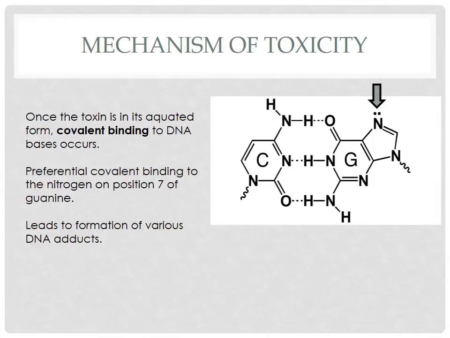In particular, the most common form of binding occurs between the platinum atom and the nucleophilic nitrogen on position 7 of a guanine molecule, displacing a water molecule on the aquated carboplatin. It should, however, be noted that binding to all bases is possible.